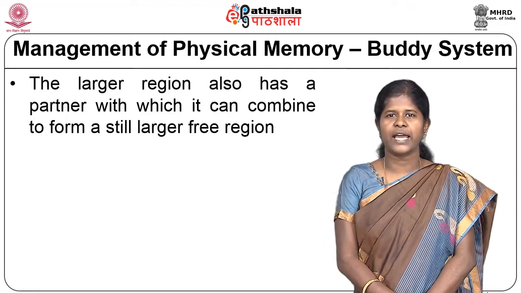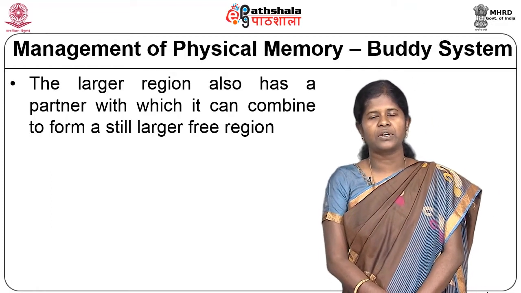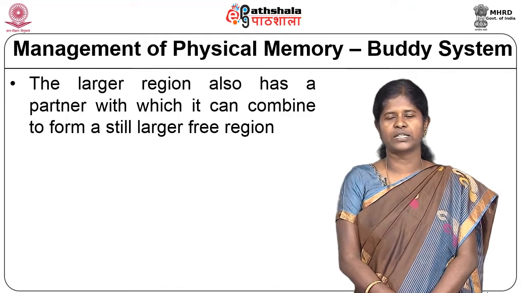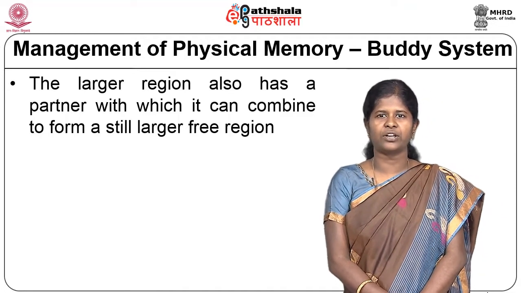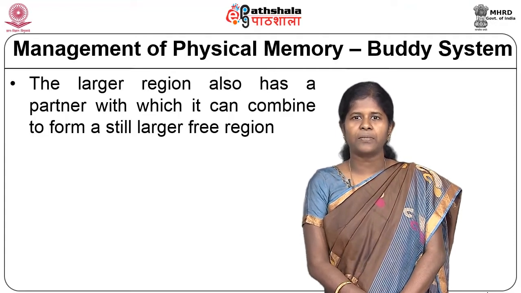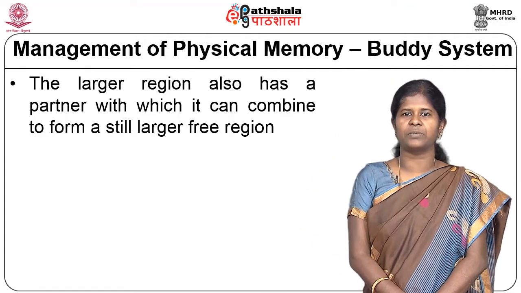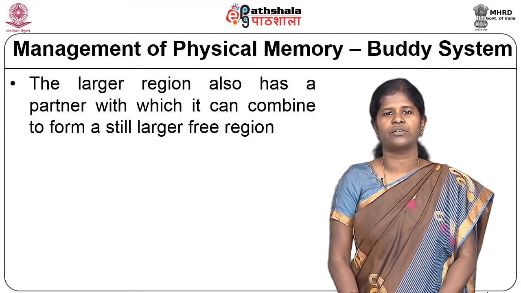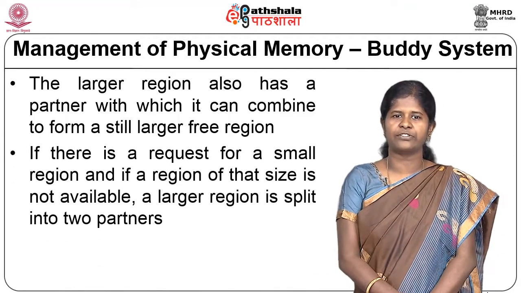So, when say two adjacent regions get freed up, they combine together to form one region, and if this bigger region also gets another adjacent region freed up, that will also get combined to form a still larger free region.